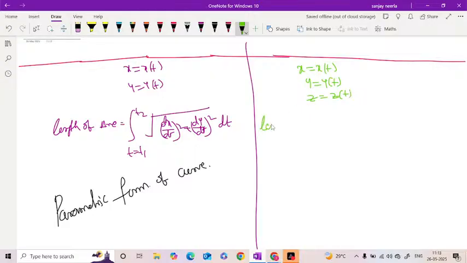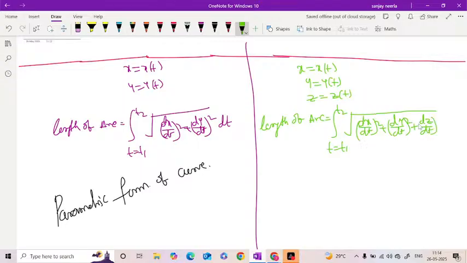Now how can you find the length of the arc? It is integral t1 to t2 under root of (dx by dt) whole square plus (dy by dt) whole square plus (dz by dt) whole square into dt. Now this is the length of the arc.